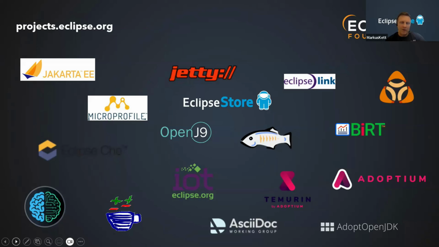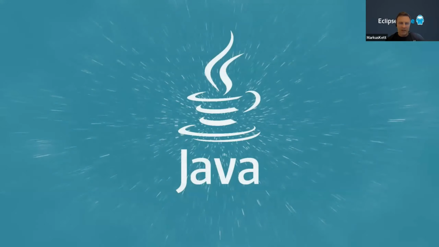There are famous projects like specifications such as Jakarta EE and the MicroProfile specification, but also very popular frameworks like EclipseLink, the OpenJ9 JVM, and also work on the JDK. GlassFish is very popular. There are many open source projects, and EclipseStore is also one of these Eclipse projects. You can explore more projects on the Eclipse website.